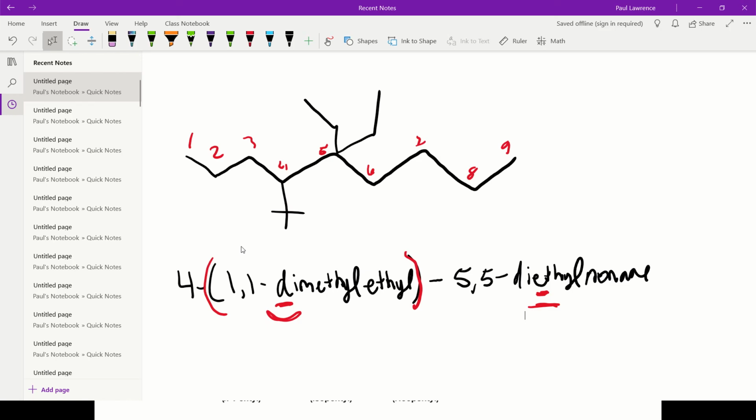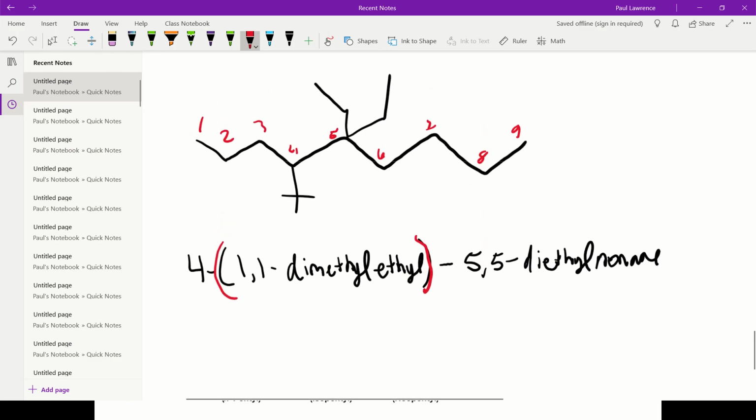Let's look at this guy. Okay. Let's rename this molecule using the common names for the substituents.